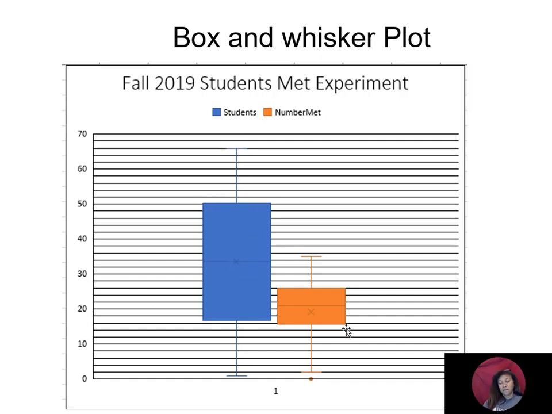The number of student METs is represented here in this orange box and whisker plot, and we can see easily by looking here at our mean and our median that it was about 25. The highest number of student METs was about 35, but then we have something going on down here, this little dot right here. And this is actually our outlier, right?